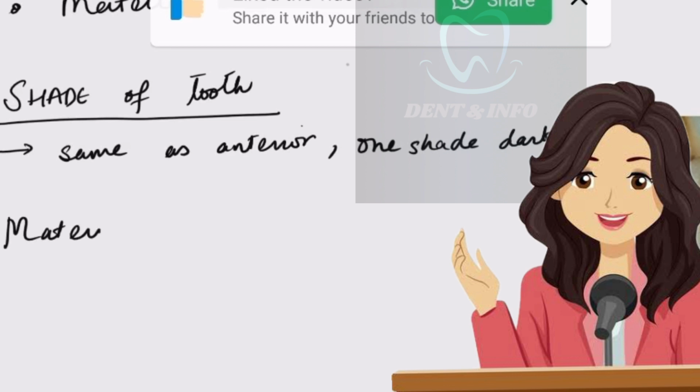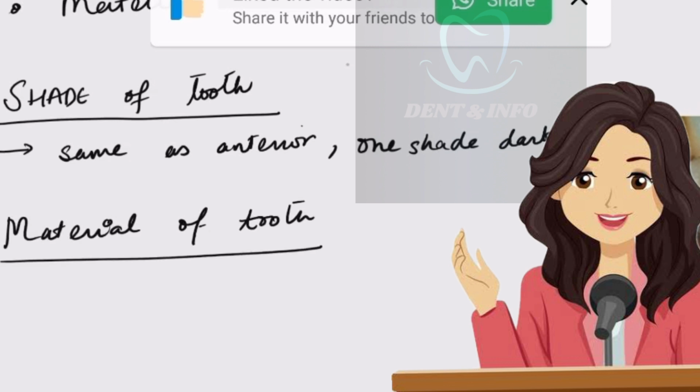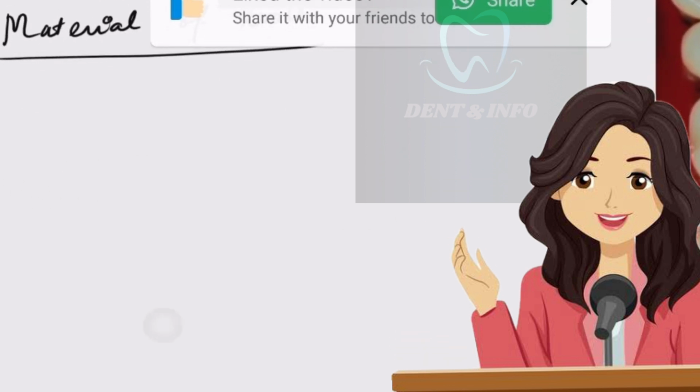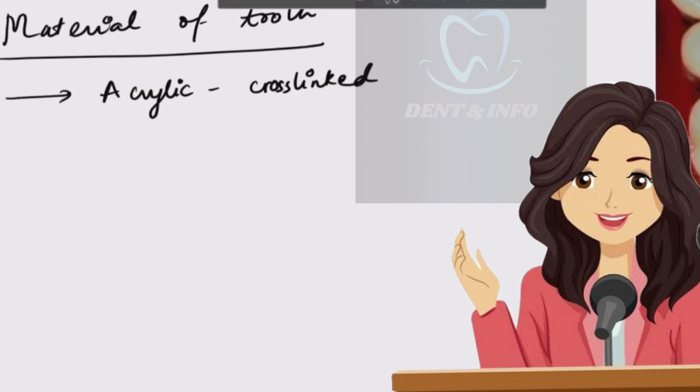If you look at material of teeth, now this is important for posterior teeth because they are in the function of chewing or masticating your food. So what material do we prefer? We can use acrylic, which is cross-linked, so that it does not wear off. Second is composite teeth can be used.